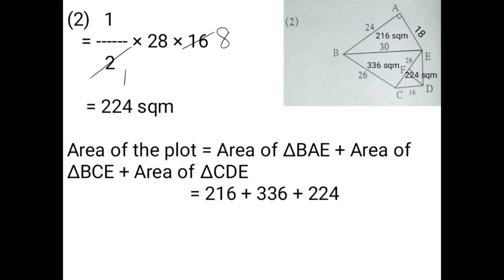You have to add these numbers. Check the addition. After adding 216 plus 336 plus 224, the answer is 776. That is equal to 776 square meter.